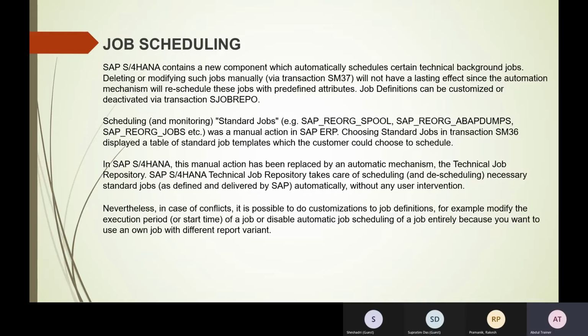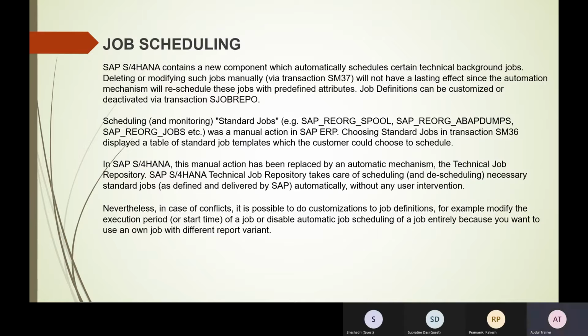But in the S/4HANA system, this manual action has been replaced by automatic mechanisms, by the technical job repository. That is SJOBREPO. The SAP HANA technical job repository takes care of scheduling and descheduling of the standard jobs automatically without any user intervention.